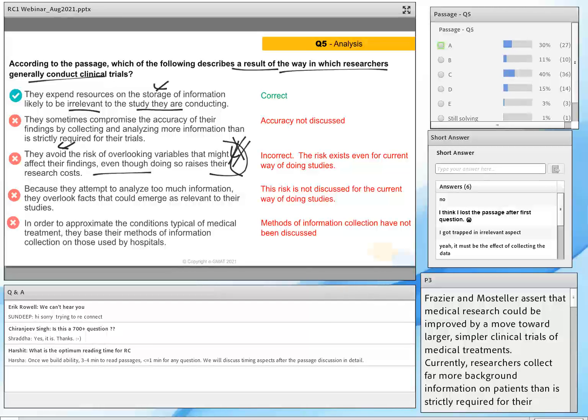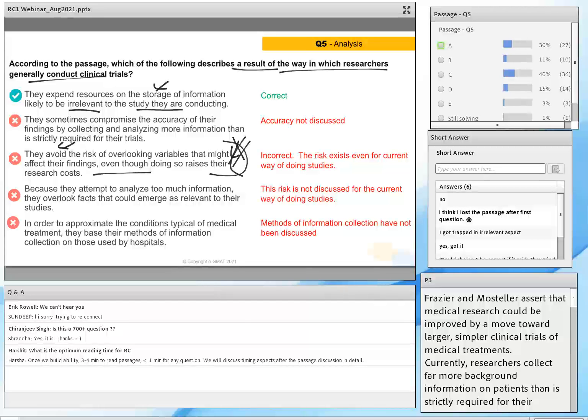Does it really happen? Again, if you are saying that it can be the effect of it, come to think about it. Does the author say that because they collect so much data, the effect is that they avoid that risk? No, because that risk is never completely eliminable. So in both ways, the information presented by choice C is incorrect.